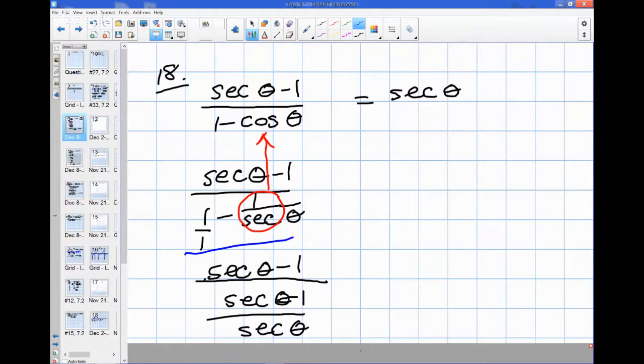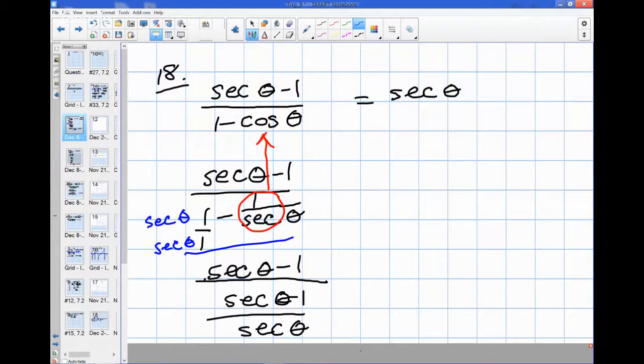Can't I just multiply this denominator by secant theta, and of course, to make it legal, I multiply the top and the bottom by the same thing. Now, I skipped a step there, but I don't know if you can see what's going on. Now, do you see I have a common denominator for these two subtracted fractions on the bottom? And so that denominator now becomes secant theta minus 1 over secant theta.